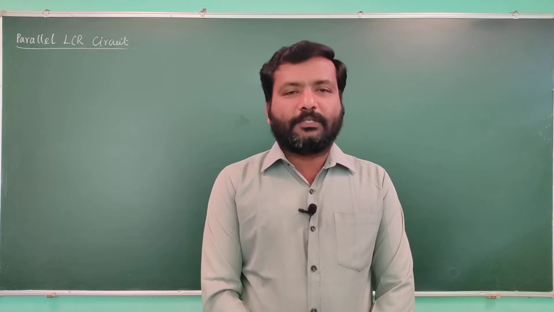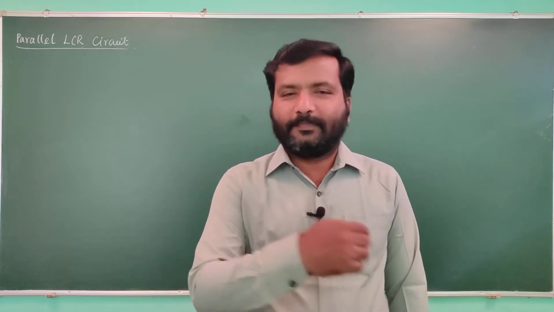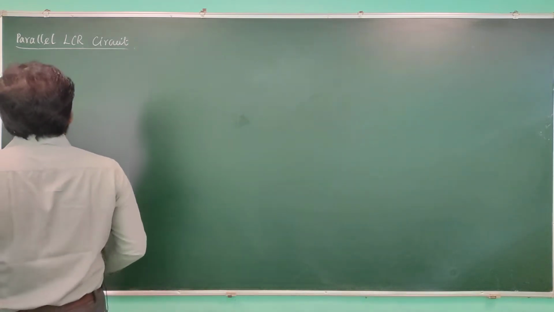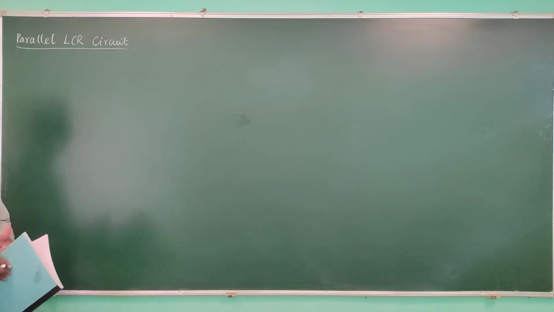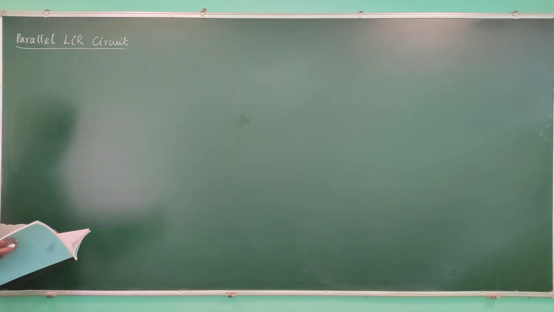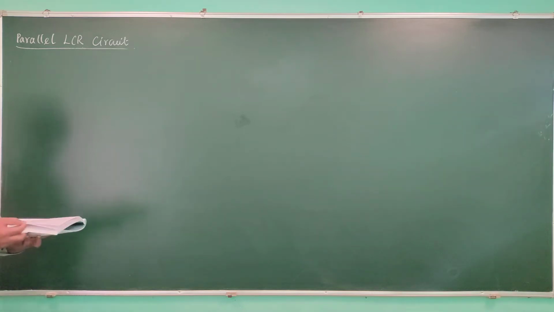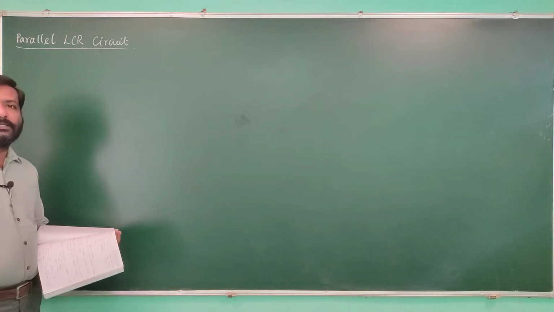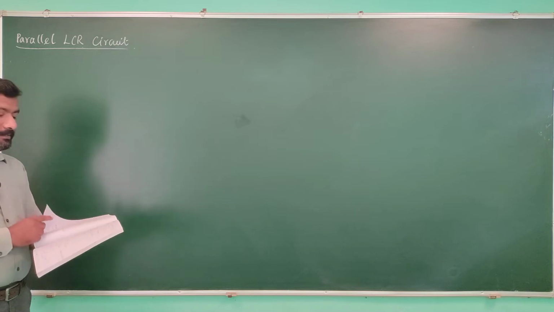So in today's lecture, we are going to discuss the parallel LCR circuit. There is a small difference between series and parallel LCR circuits. In a series LCR circuit, the components capacitor, inductor and resistor are all connected in series.